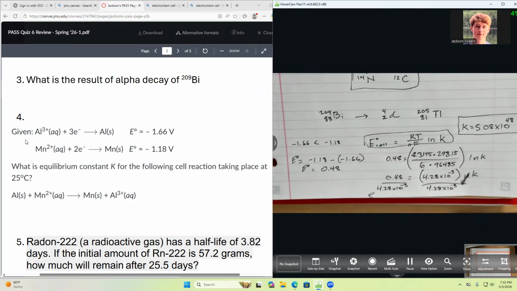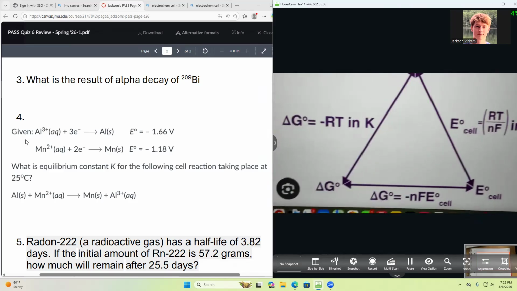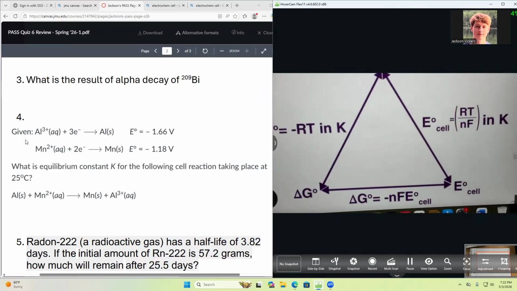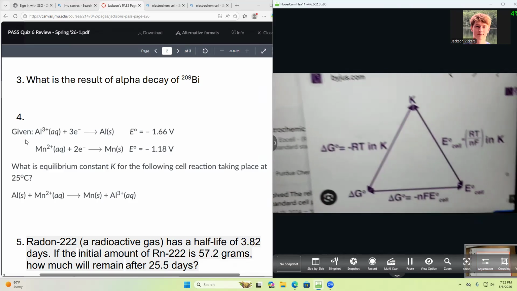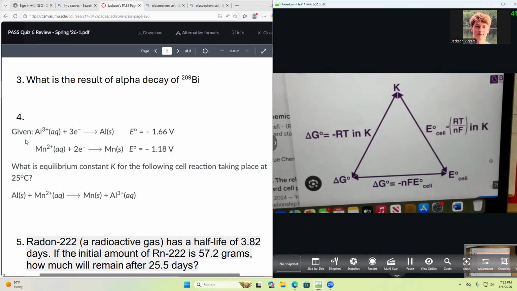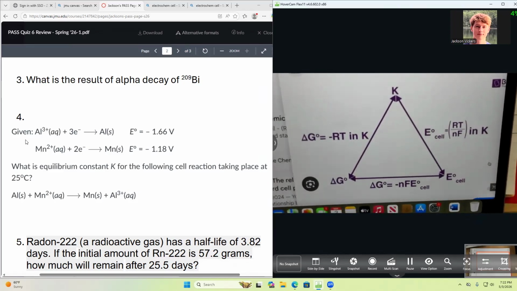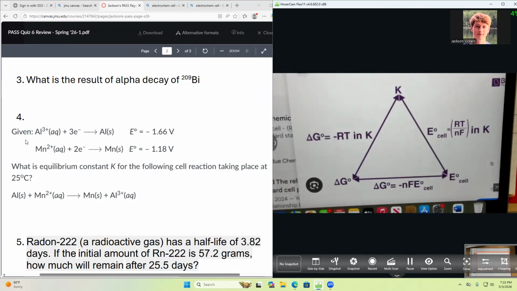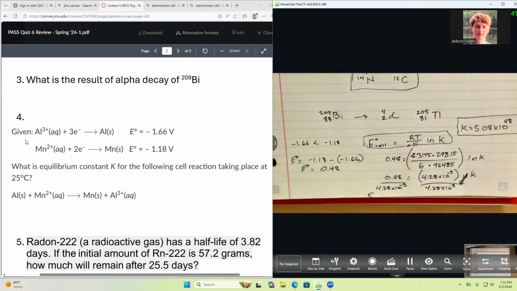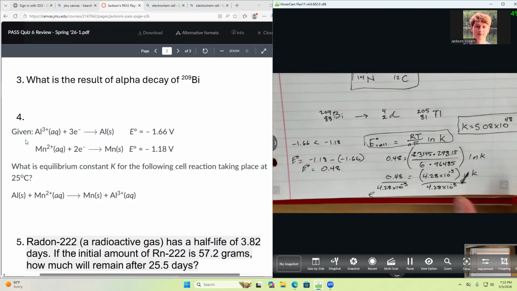I'm looking at this figure right here. This is the one that I've always used, RT over nF. But if on your formula sheet or what you've been doing up till this point is the other one, stick with that. I don't want to throw you off now. I'm not sure why it's different though.